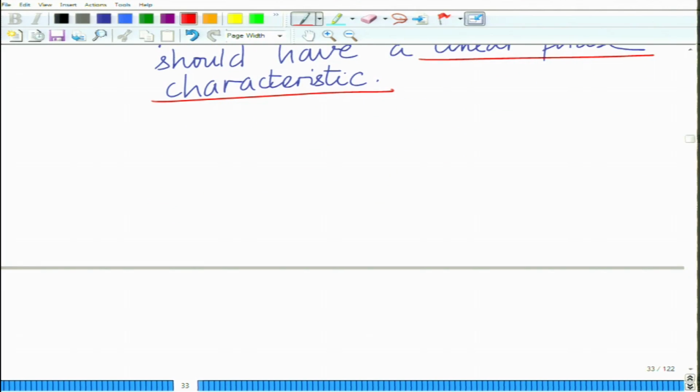So, let us look at one of the basic non-ideal low pass filters, which is formed by a simple RC circuit. Okay. So, we want to look at a non-ideal frequency selective filter.